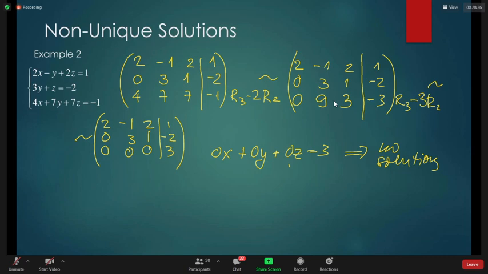You try to eliminate, you try to make this triangle of zeros, but the system is such that along with this 0, you have created another one. And so the whole row on the left-hand side has become a 0, 0, 0 row.